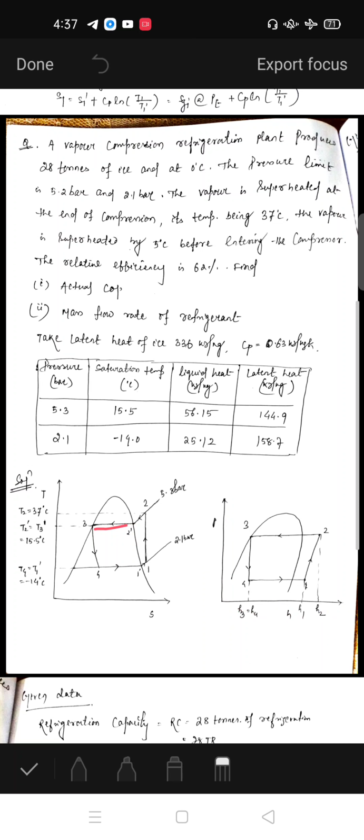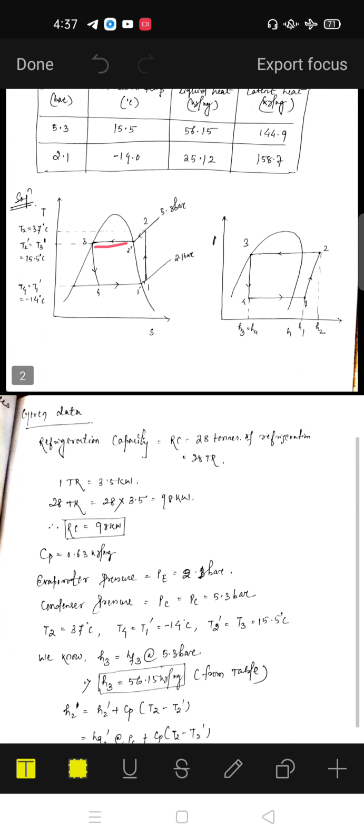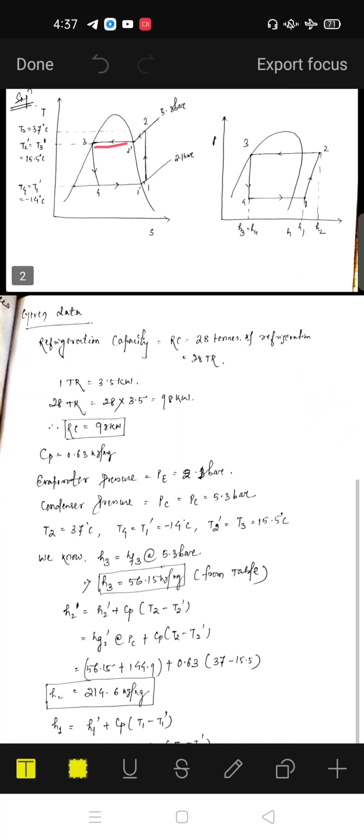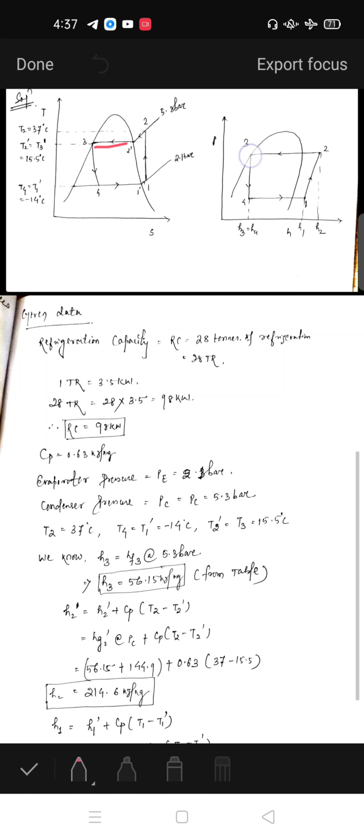Here is your 5.3 bar pressure line and this is your 2.1 bar pressure line. This is the enthalpy at point 1, the enthalpy at point 2, and the enthalpies at points 3 and 4 are equal because it is an isenthalpic process.